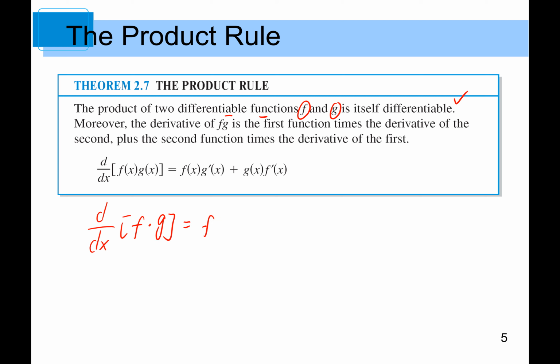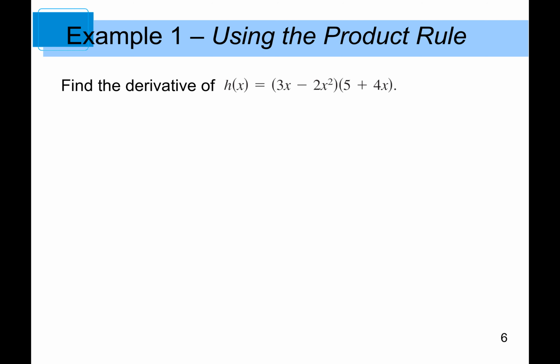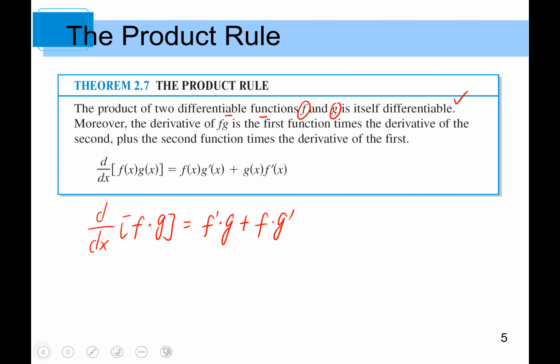So it's going to be f prime times g plus f times g prime. If you put it in function notation, it will be f prime of x times g of x, plus f of x times g prime of x.